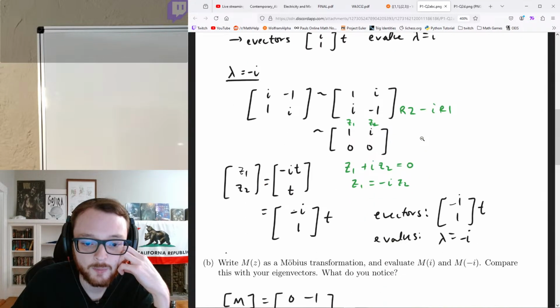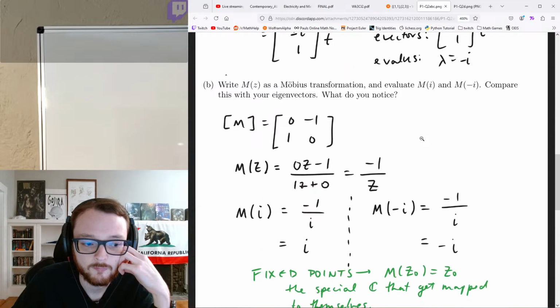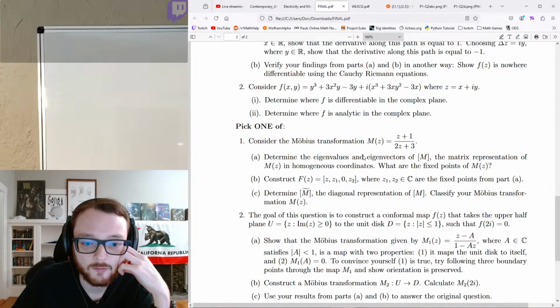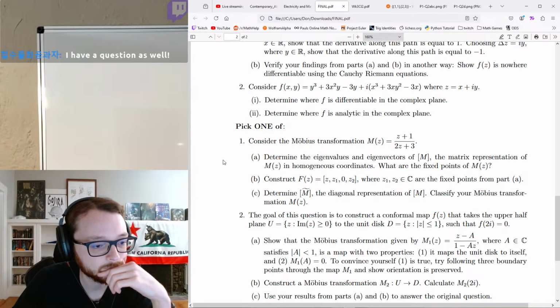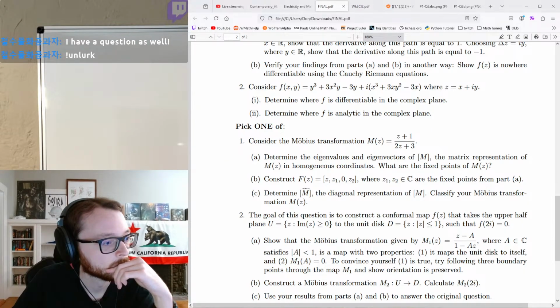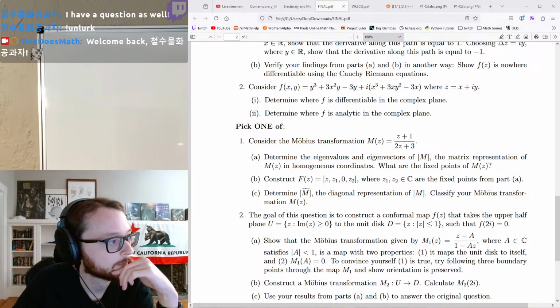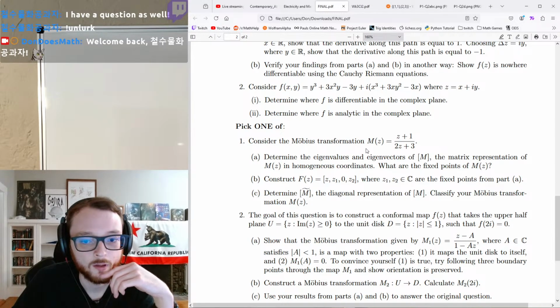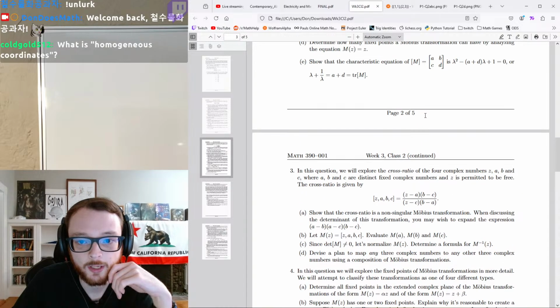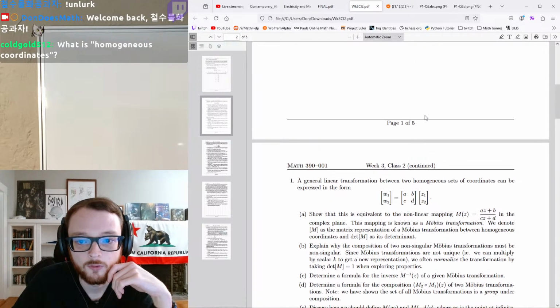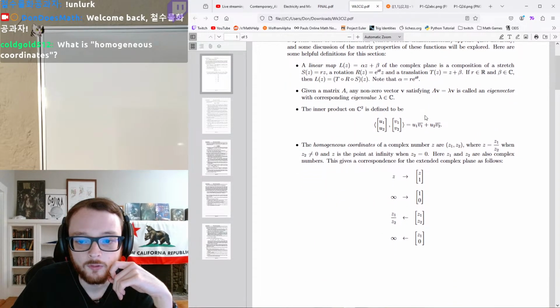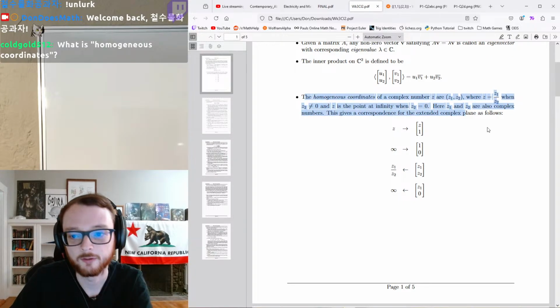So I'm trying to remember, there's got to be. Oh yeah, please feel free to ask it, Joseph. This is just filler. Homogeneous coordinates. Those are described right here.